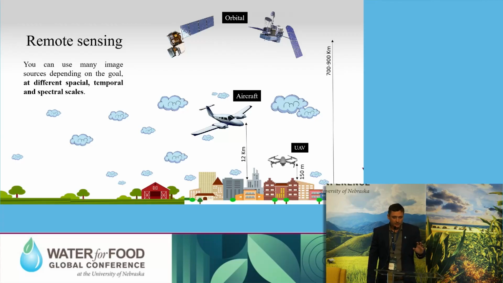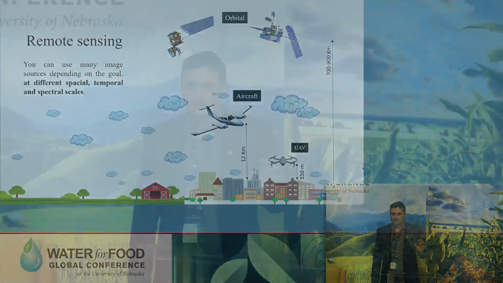But depending on your goal, you can use, for example, UAV images from drones. But it is more complicated because you need a pilot, and the cost to purchase a drone is not that cheap, right? And it's more labor. But depending on the goal, because drones provide high resolution images, you can use them.